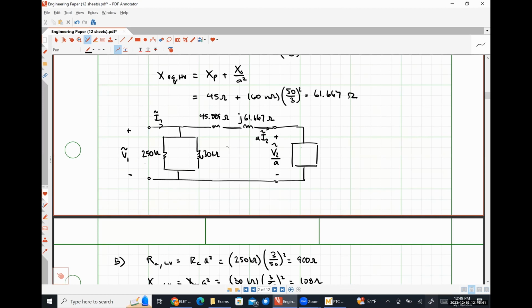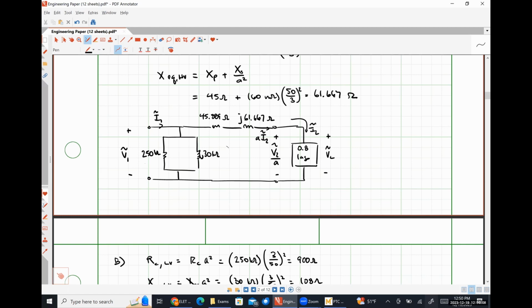It's operating at 0.8 lagging. This is the voltage drop across our load. This is the current flowing through our load.